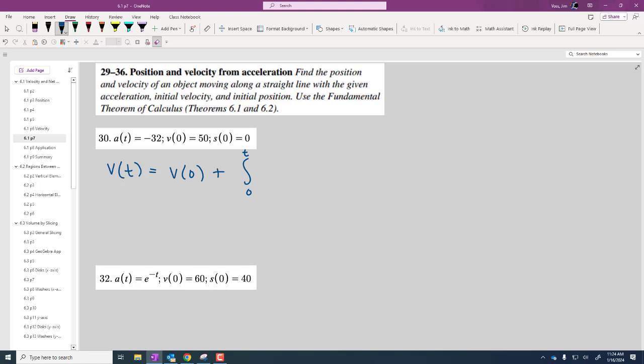The acceleration is our classic. Oh, I don't want to use a t, that gets confused up here. We'll use an x or whatever you want to use, a y. So that is our setup to find a function for velocity based on acceleration. Not too crazy. V of 0 is 50.